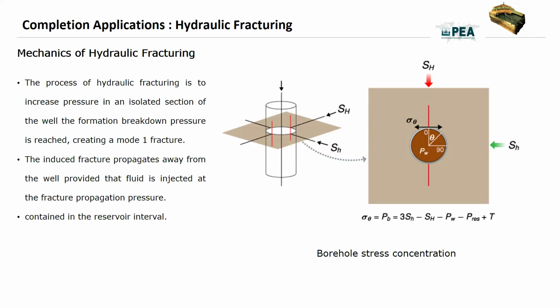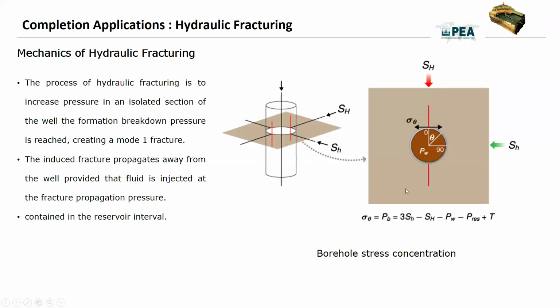On the left side of our figures, sorry, I don't know if you see my mouse, the diagram of open hole completion illustrates the magnitudes and orientation of the hoop stress concentration at the fracture initiation pressure.